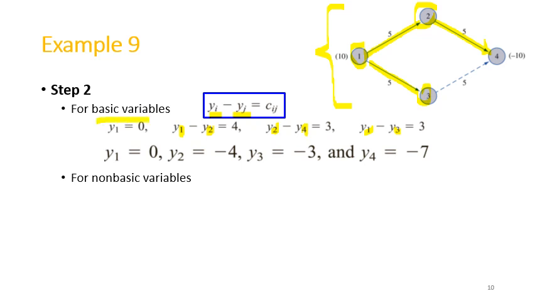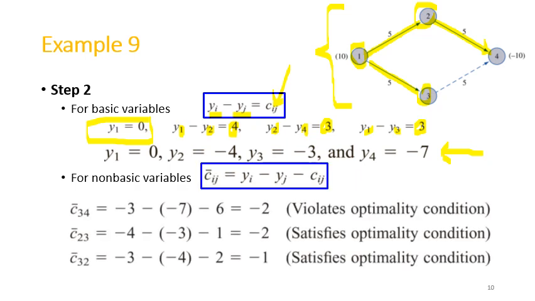Always start by setting y1 equals 0, and then you get the cij from the first figure, remembering the value with the dollar sign corresponding to each arc. Solving all these equations gives you the value for each y. Now we use those y's to compute the c hat for all the non-basic variables.